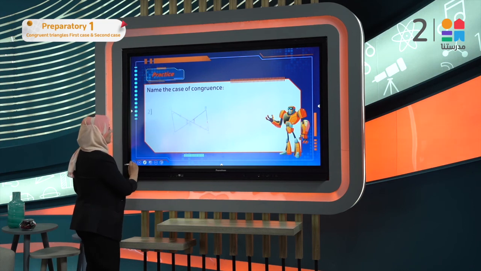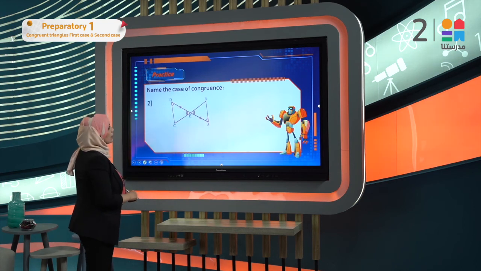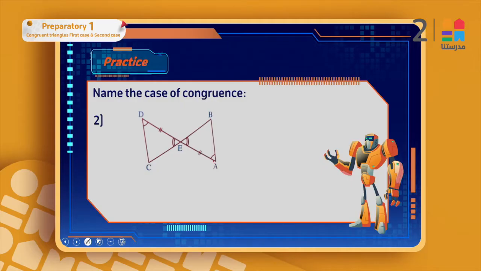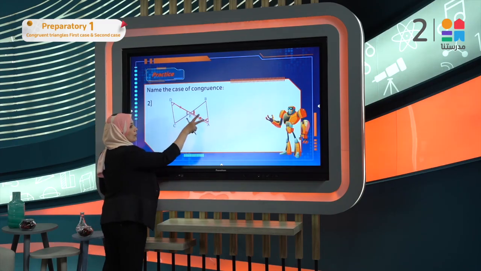The second one. Name the case of congruence. Here we have two dashes for this side, and here two dashes for this side. As you can see, under this side we have angle A and angle B, angle E. So I have two angles.